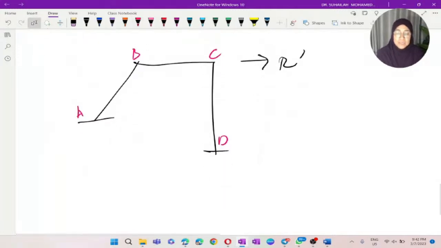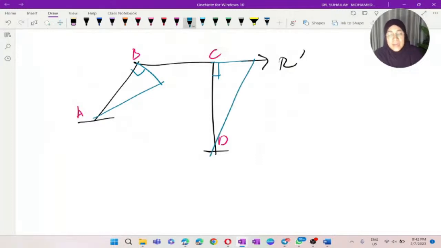Since the frame tends to move to the right, we get the 90 degree shear for AB like this, and 90 degree for CD like this. And for the beam, we just need to join this position and this position. So this is the new beam position.